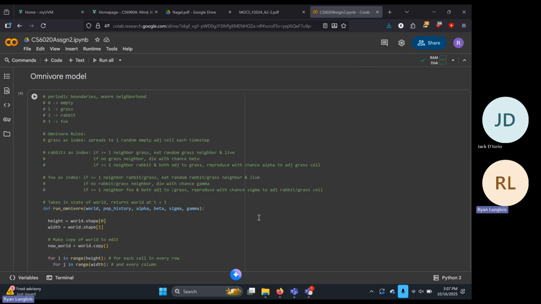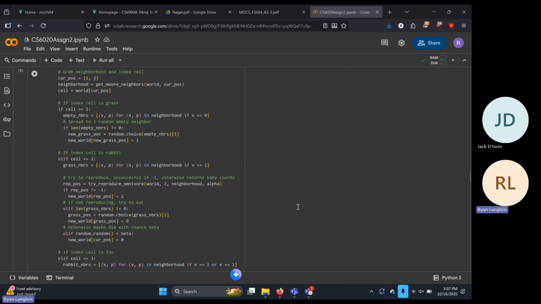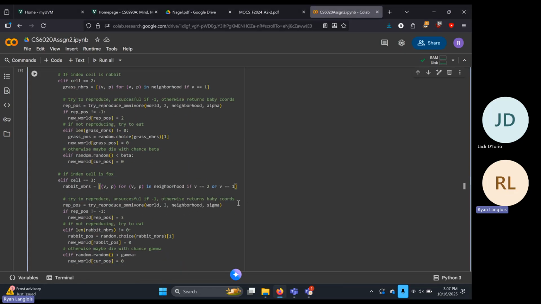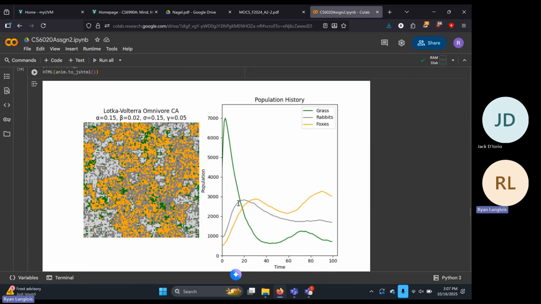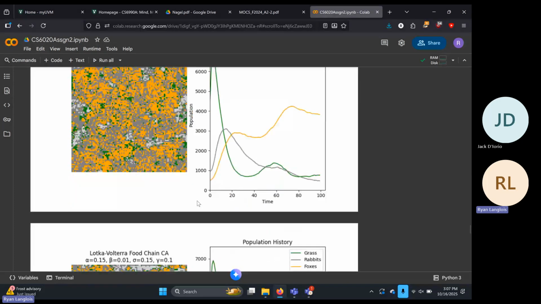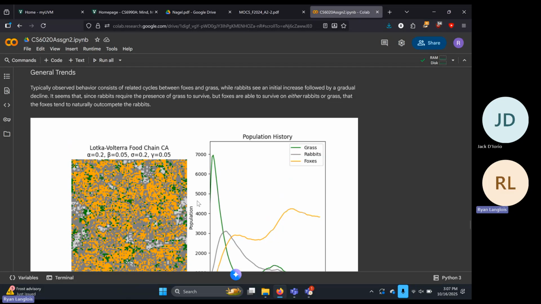omnivore model, we simply modified the existing framework so that foxes will view grass as potential food just as much as rabbits. This produces some interesting behavior, as you can see from this graph, as well as some of these. There's some standard typical behavior seen across initial parameters.